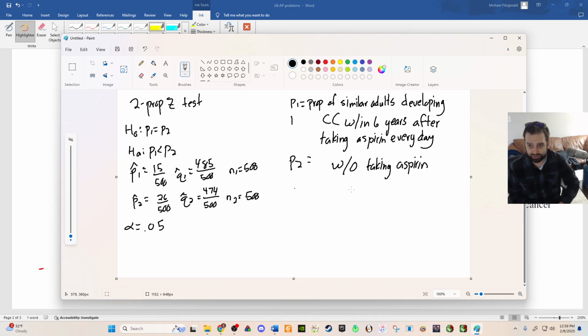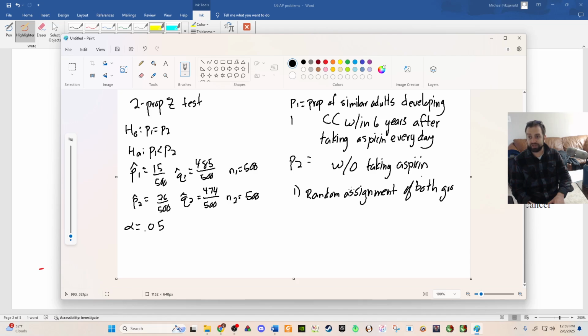Okay, our conditions. While we don't have independent random samples, this random assignment is okay. That's a key thing to remember. Random assignment of each treatment.